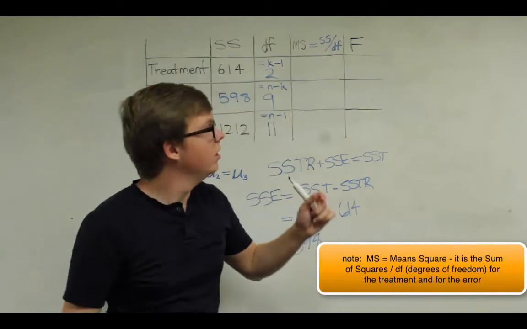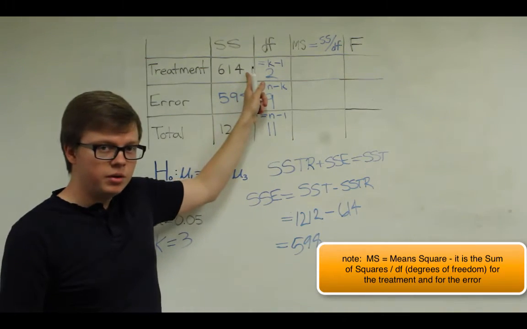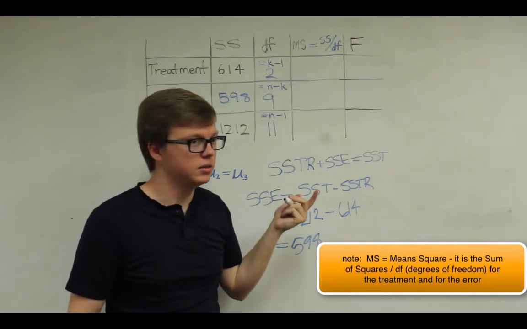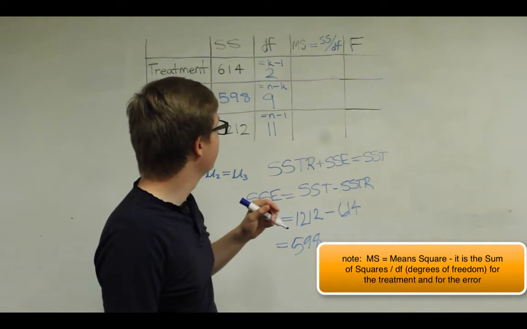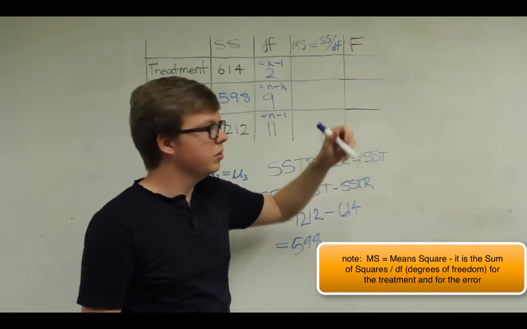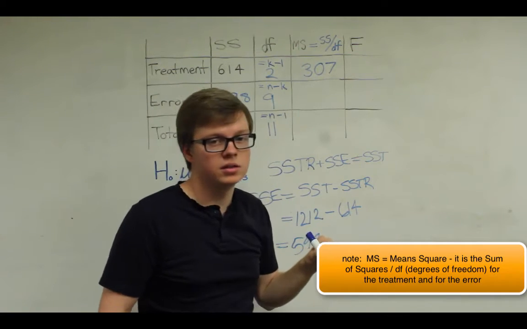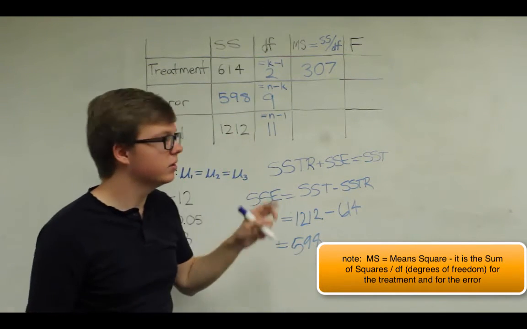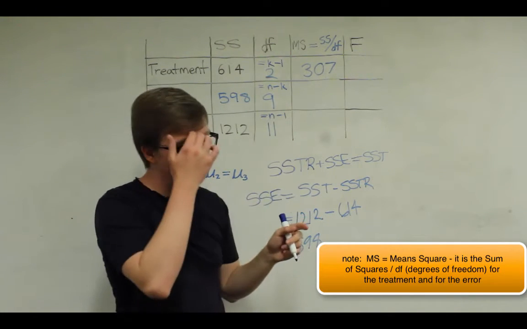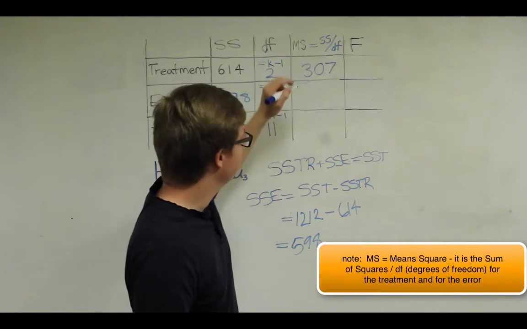For example, the mean squares due to treatment is the sum of squares due to treatment divided by degrees of freedom treatment. That would give us 614 divided by 2, which in your calculator will be 307. Similarly for error, we take the sum of squares divided by degrees of freedom, so 598 divided by 9.